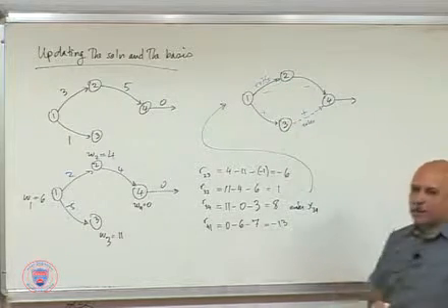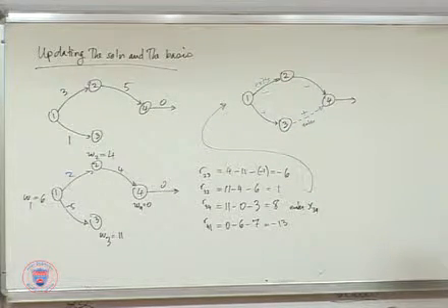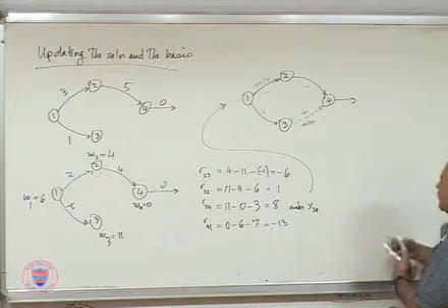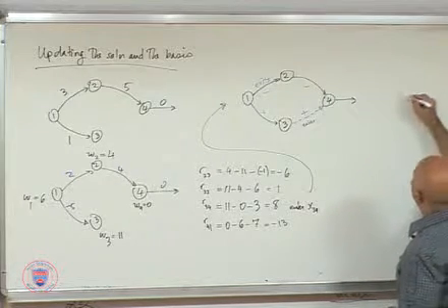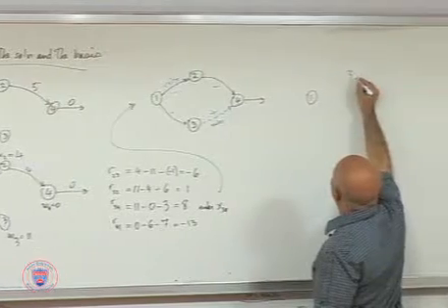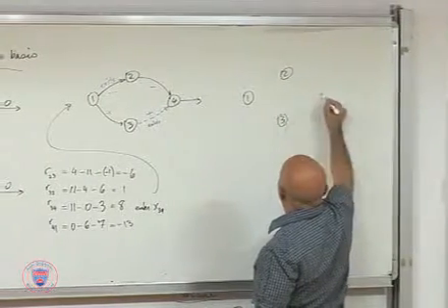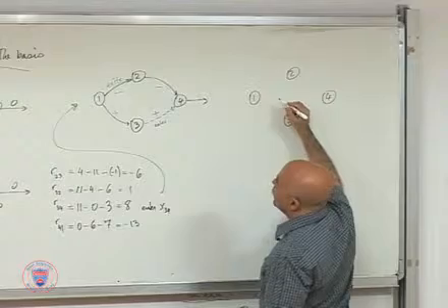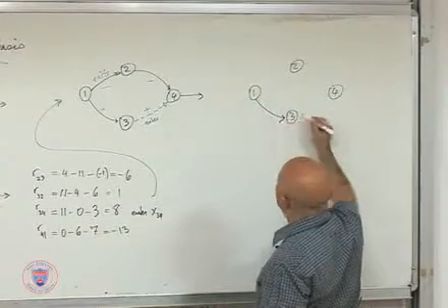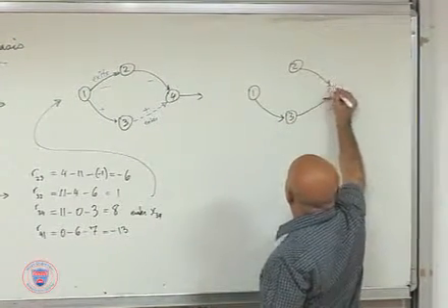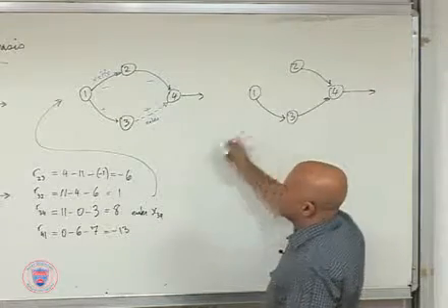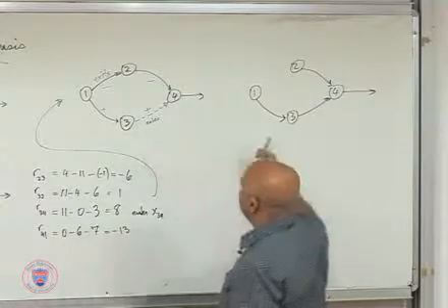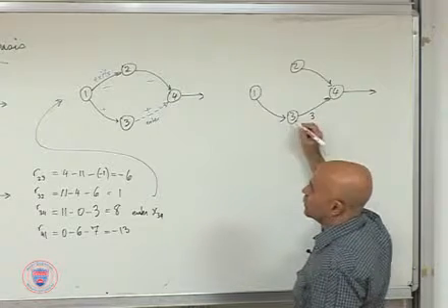So this one exits. Update. We increased it by 3, so this is 3.